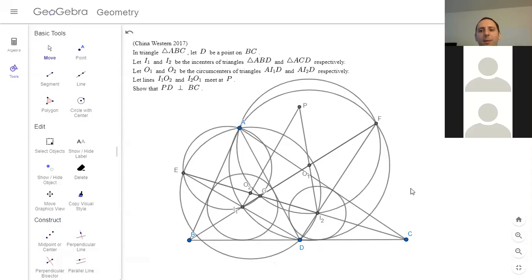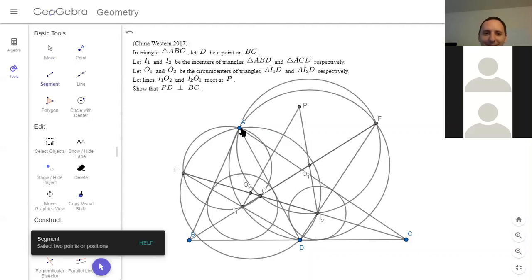So by Miquel point, I didn't even need to do an angle chase. Okay, so we have this kind of Miquel configuration, and with these angle bisectors, yeah, it is interesting.